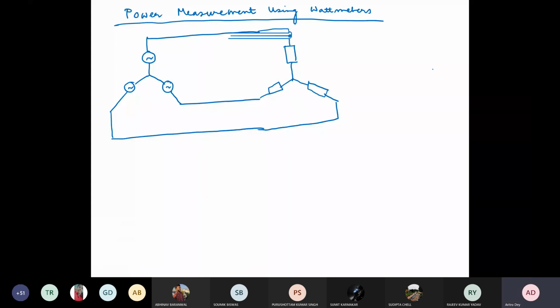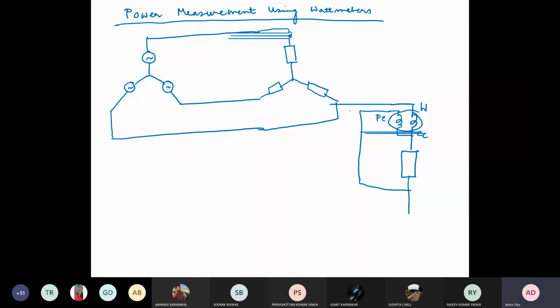This is your load, this is the wattmeter, this is CC, this is PC, pressure coil, and you connect like this.